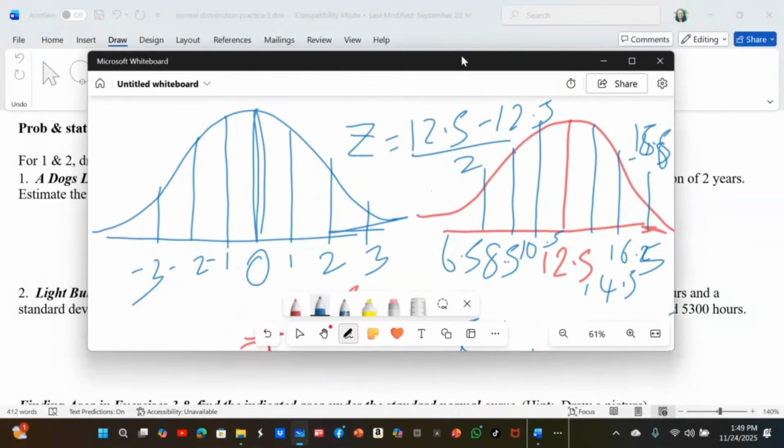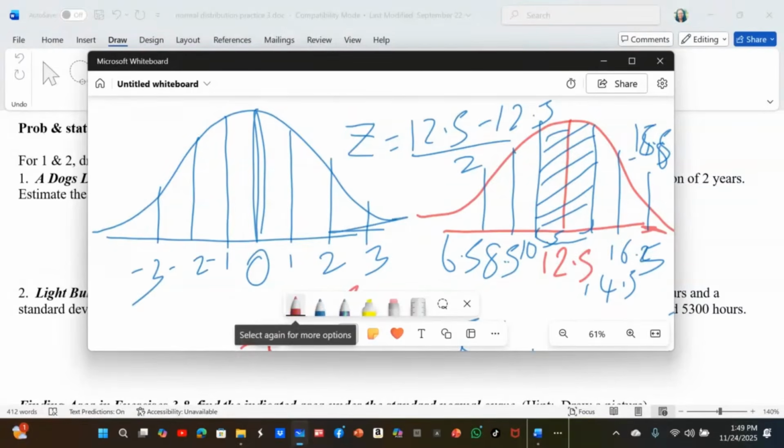I'm going to shade this region. According to the empirical rule, the area under the normal curve between plus or minus 1 standard deviation is 68%.